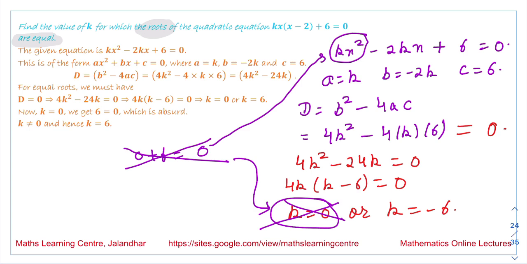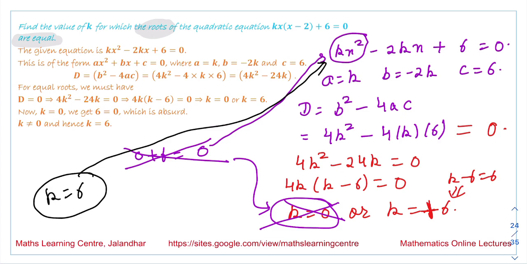So what we are left with is that this is plus 6 over here. When you solve this, you will get k minus 6 is equal to 0. This implies k is equal to 6. It means for k is equal to 6, this quadratic equation has equal roots.